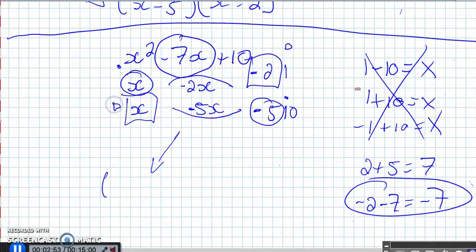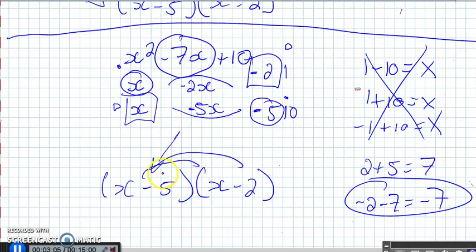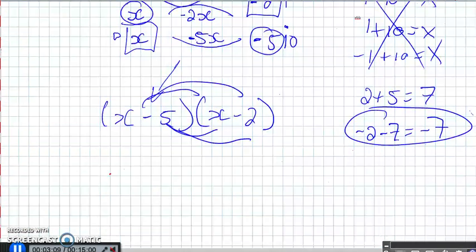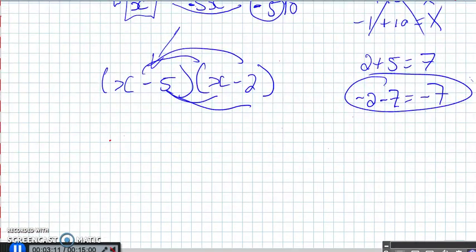So x minus 5 and x minus 2. Now if you want to make sure, all you do is you multiply each one to see if that would give you the equation at the beginning, and it will give you x squared minus 7x plus 10.